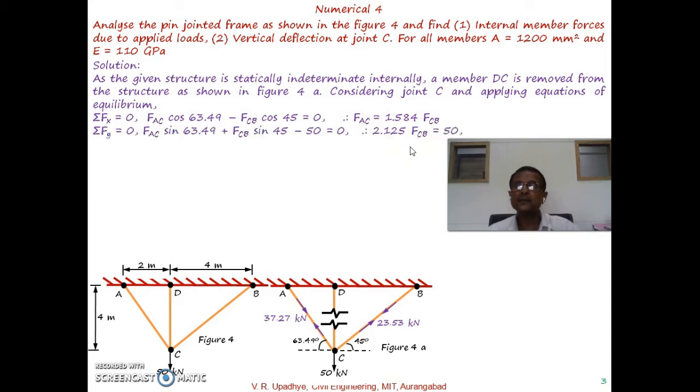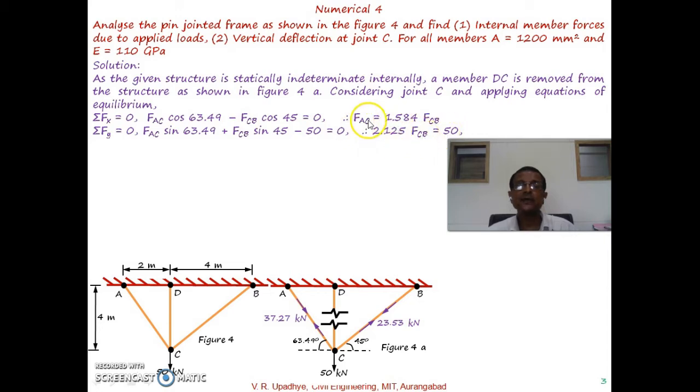Now if we apply summation Fy equal to 0, the equation will be FAC sin 63.49 plus FCB sin 45 minus 50. This force, the applied force, is there at joint C. This total must be equal to 0. So this gives us 2.125 FCB is equal to 50.